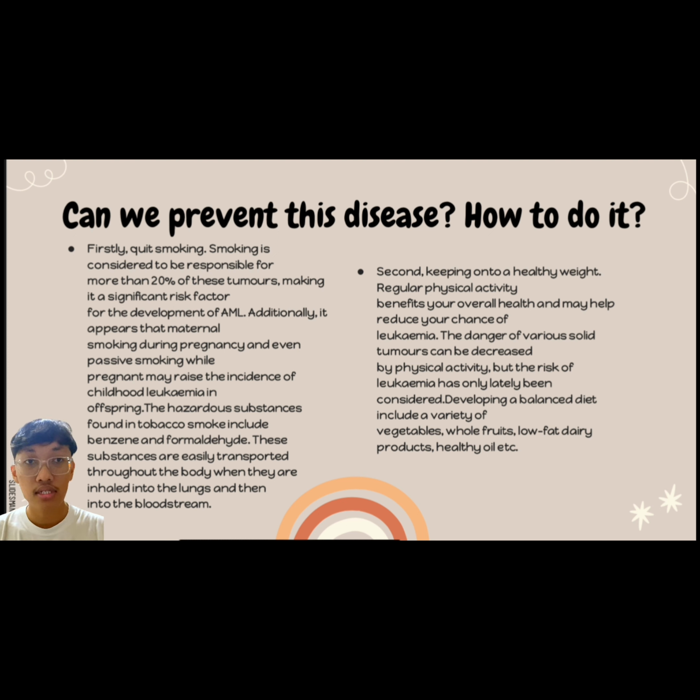The hazardous substances found in tobacco smoke include benzene and formaldehyde. These substances are easily transported throughout the body when they are inhaled into the lungs and then into the bloodstream.